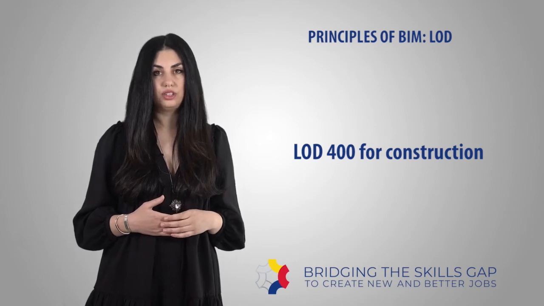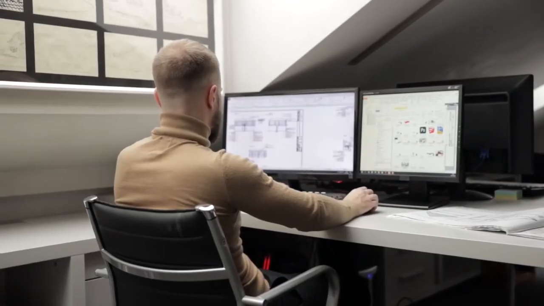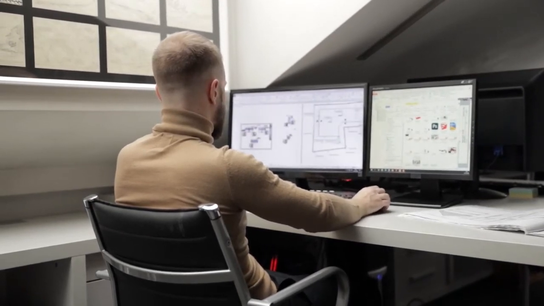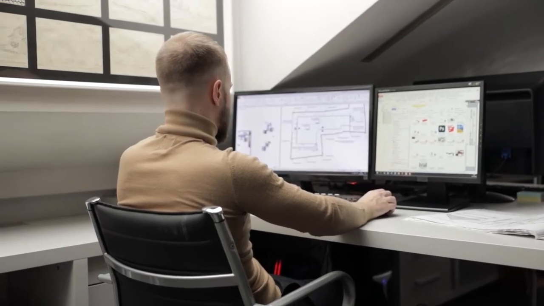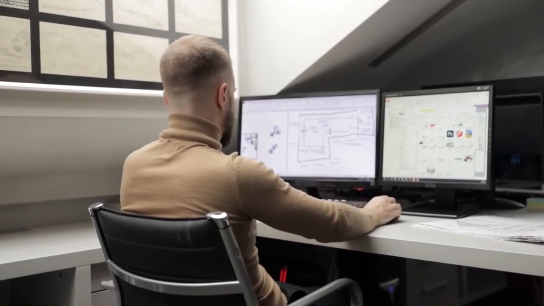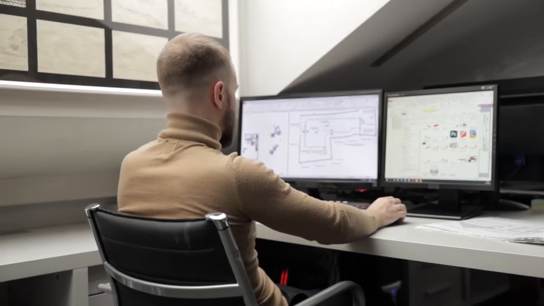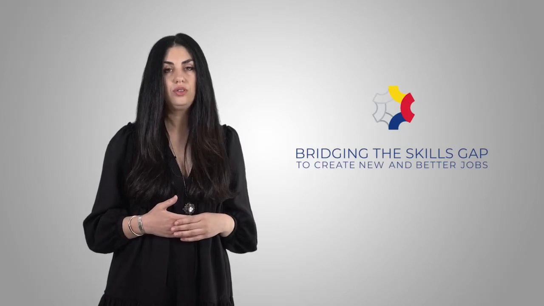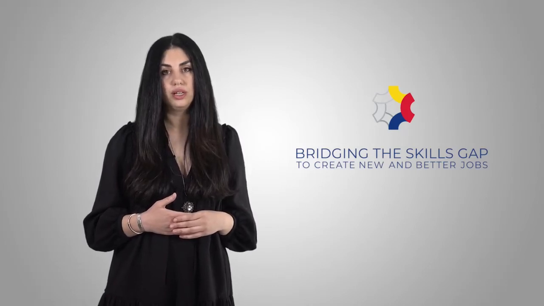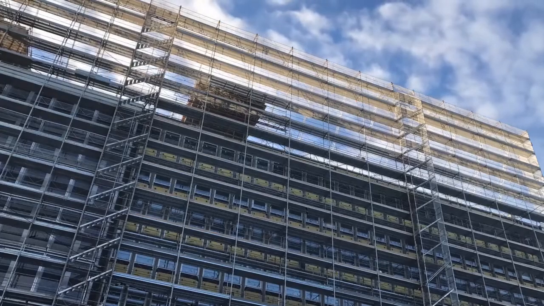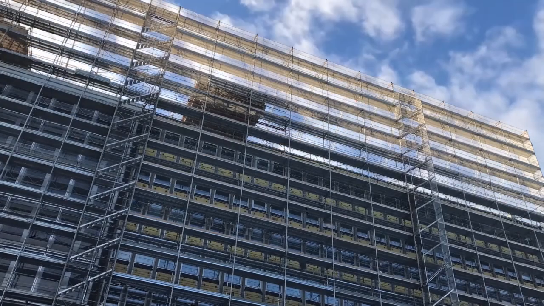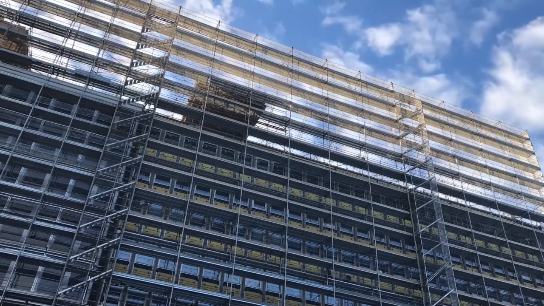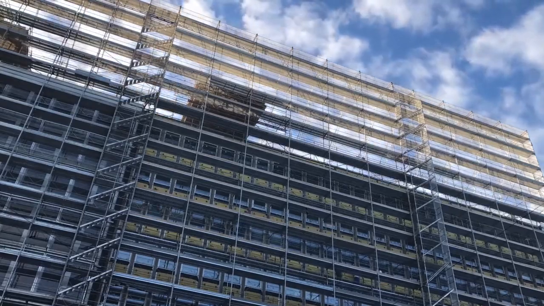The model element is graphically represented within the model as a specific system, object, or assembly in terms of size, shape, location, quantity, and orientation, with detailing, fabrication, assembly, and installation information. Non-graphic information may also be attached to the model element. Basically, an LOD 400 element is modeled at sufficient detail and accuracy for fabrication of the represented component.